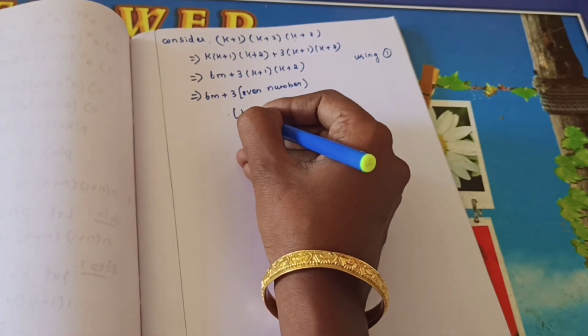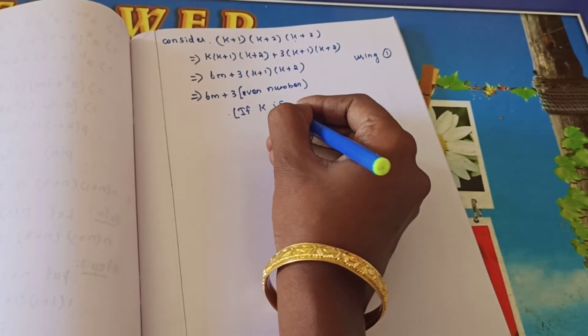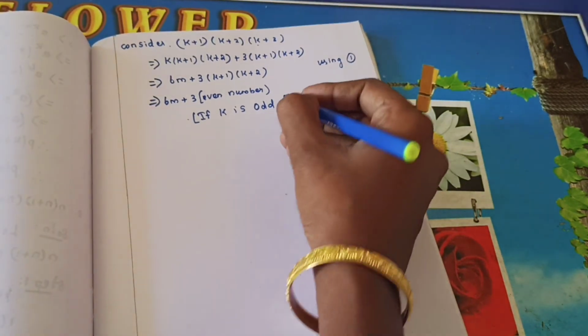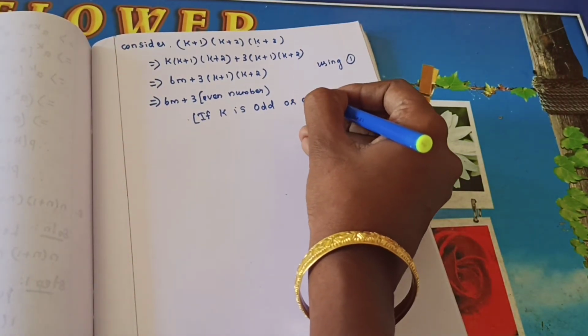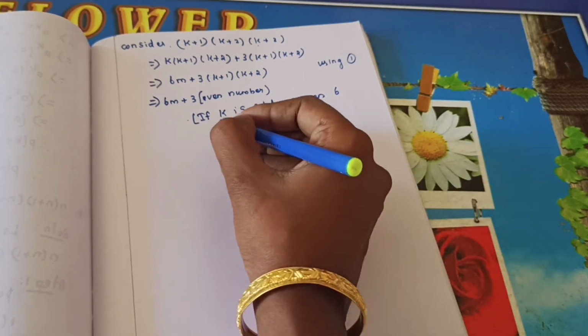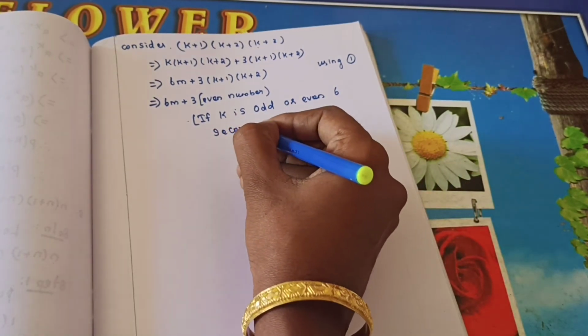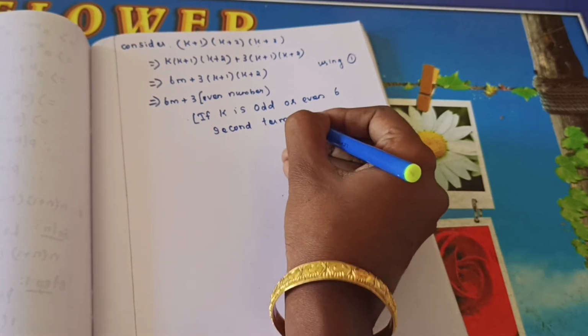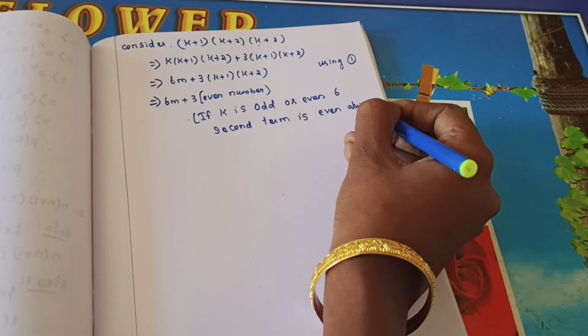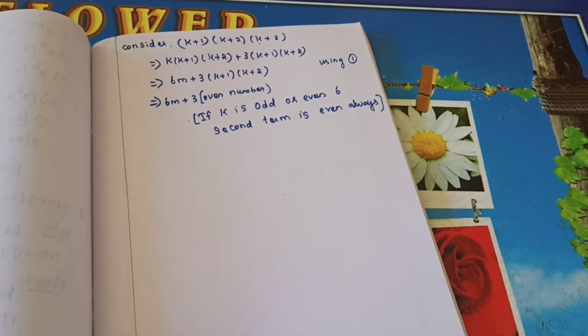That's one condition, that is if k is odd or even, the second term is always even. Understand? So it will always be divisible by 6.